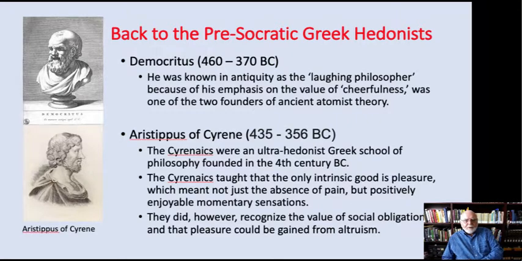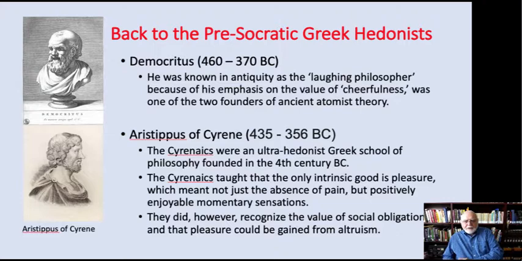Democritus was better known in ancient Greek philosophy for his work on what we would call today atomic theory, atomism, that the world was made up of little tiny atoms, which is the most interesting thing. But he was called the laughing philosopher because of the value of cheerfulness or happiness. And in a sense, he was the first philosopher to say that a good life was one where you were happy, where you found pleasure in life and you enjoyed life.